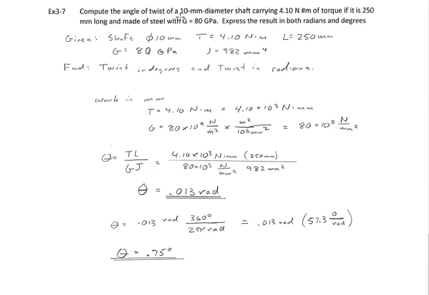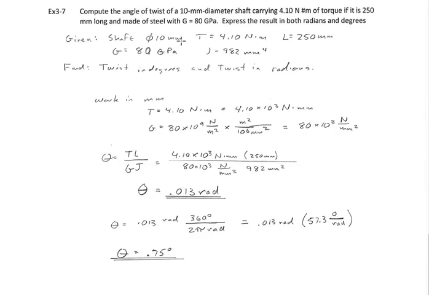Compute the angle of twist of a 10 millimeter diameter shaft carrying 4.1. So this is the same problem as before, with the shaft being 250 millimeters long, and the steel has an 80 gigapascal modulus of rigidity, or shear modulus. Express the result in both radians and degrees.